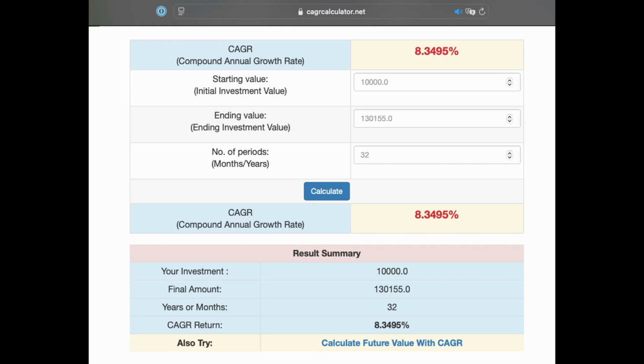The buy and hold method gives us a CAGR value of about 8.35%.